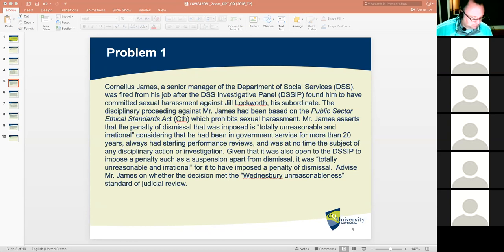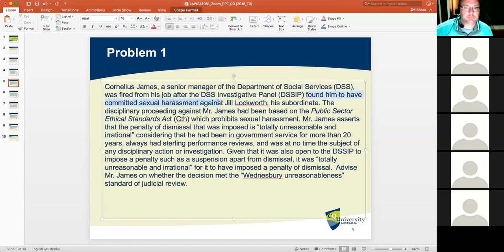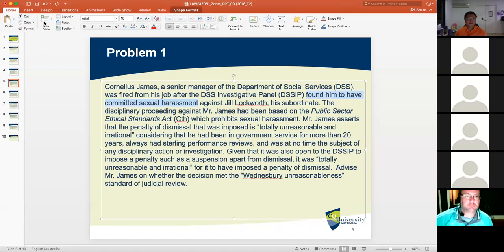I think there is no question about whether he committed sexual harassment or not, and that's clearly prohibited by the Act. So the question is, there was other disciplinary action available as an outcome of the investigation, such as suspension instead of dismissal. And given the good history of his service in the government, he says he shouldn't have been dismissed.